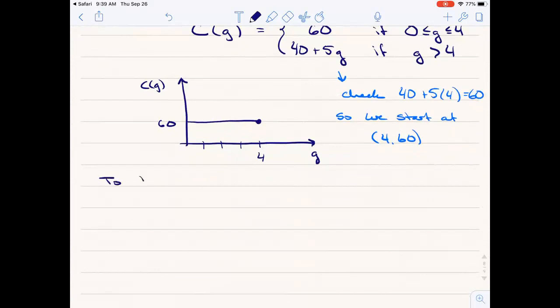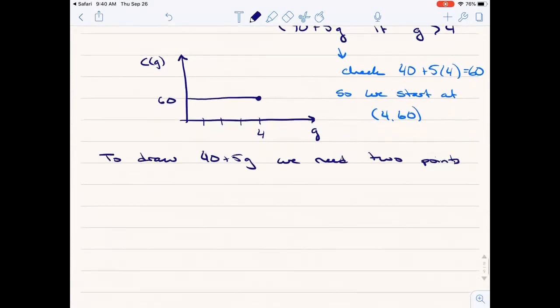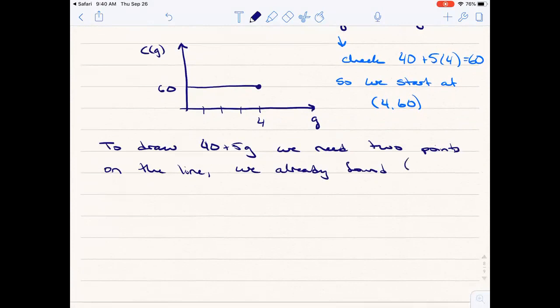So to draw 40 plus 5G, we need 2 points on the line. We already found (4, 60).